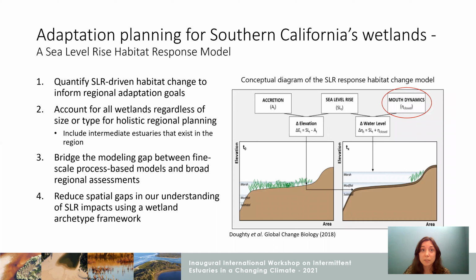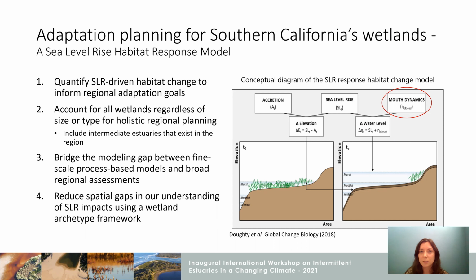So to predict sea level rise driven habitat losses, we developed a model that could quantify potential habitat change. We wanted to be able to model every single wetland in the region, regardless of size or typology, so that our regional perspective was as robust as possible, while also reducing spatial gaps in our understanding of sea level rise impacts.